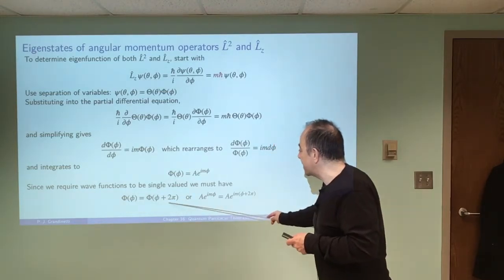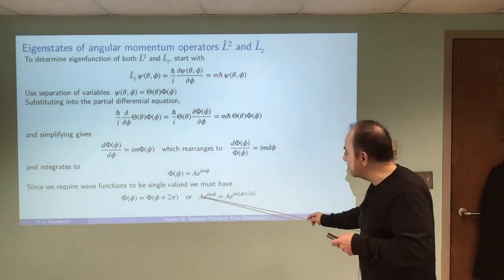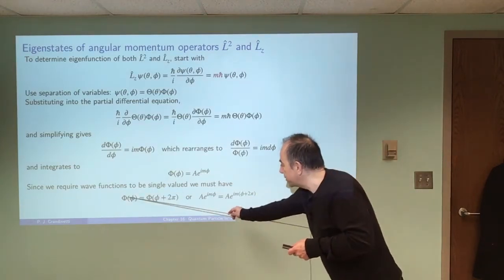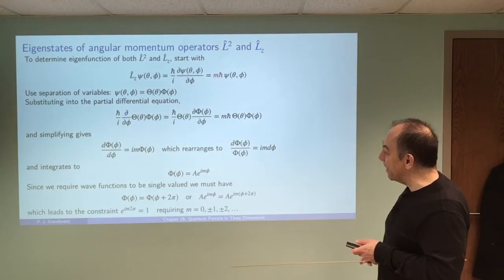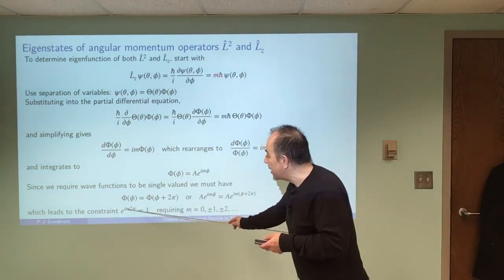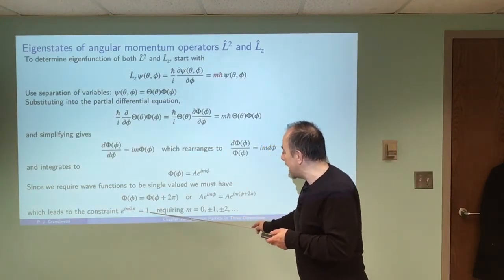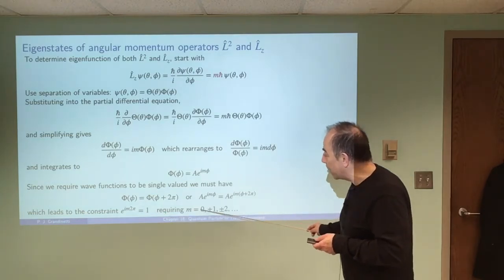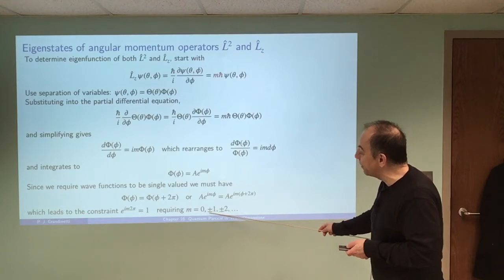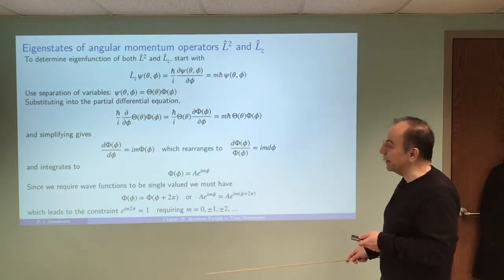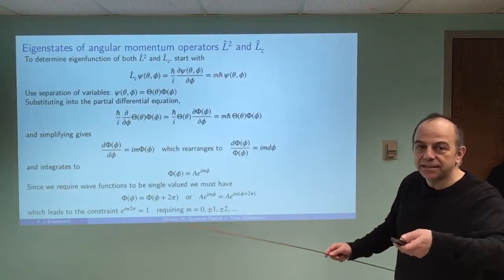So we expect these to be equal. If I put in this on this side and this on this side, I get this equation here. Simplifying a bit, e to the i m 2 pi has to be equal to 1, and for this to be true, m has to be equal to 0, plus or minus 1, plus or minus 2, and so on. So that's consistent with what we saw earlier.